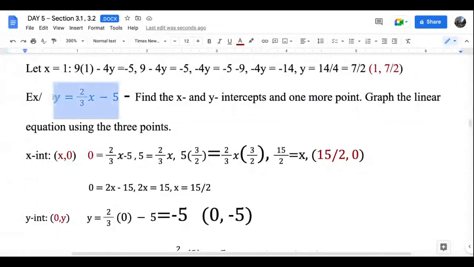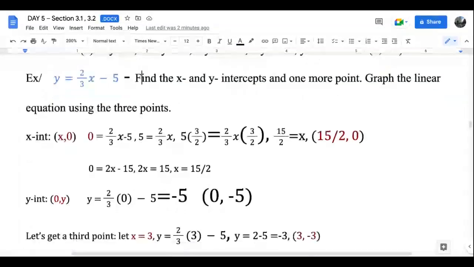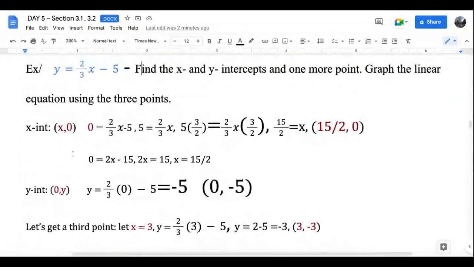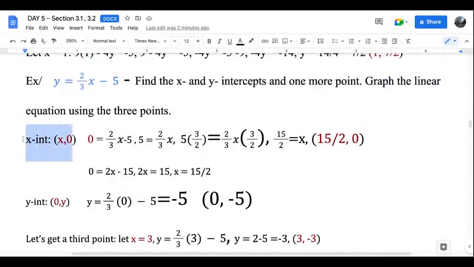Okay, let's see this one. We have slope intercept form. The slope is 2/3. The y-intercept is 0, comma, negative 5. Right? So we want to find the x, y-intercept. Well, x-intercept, we assign y to be 0. So that means 0 equals 2/3 of x minus 5.